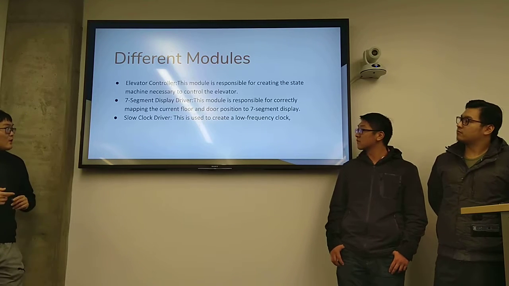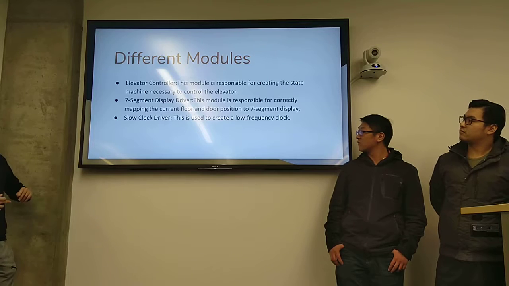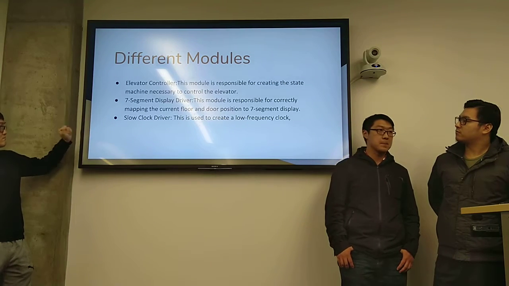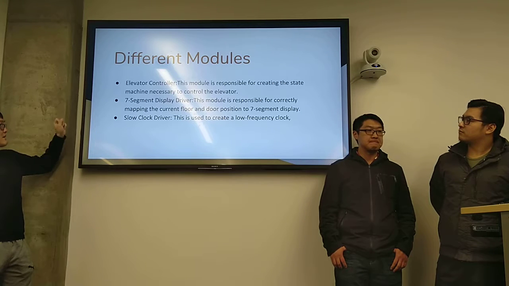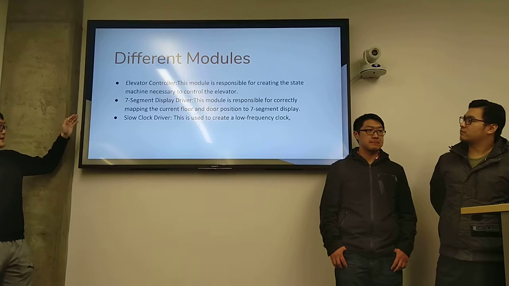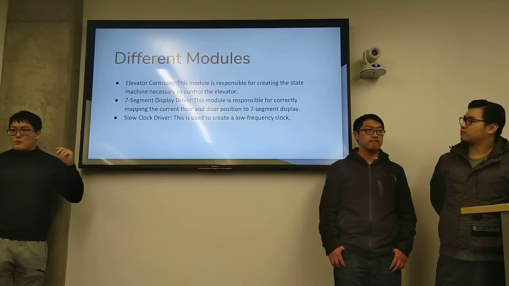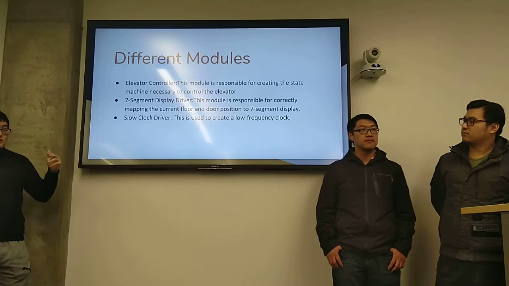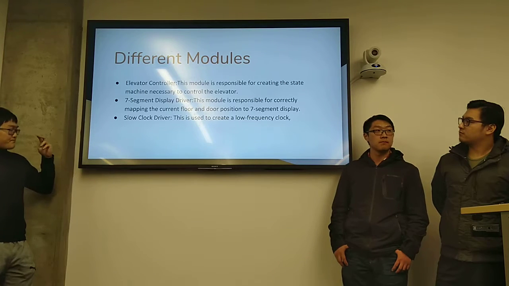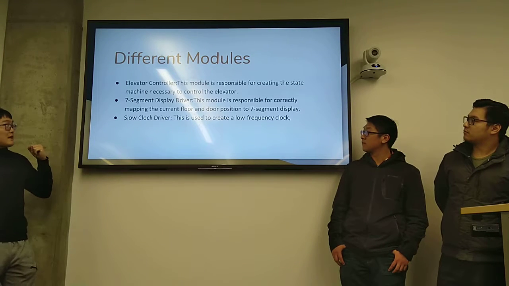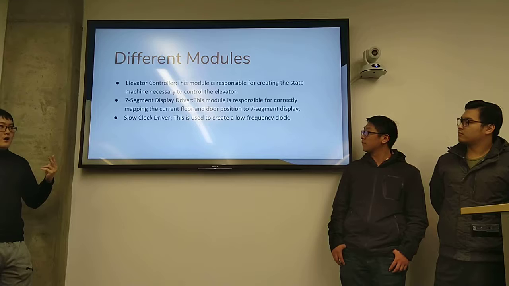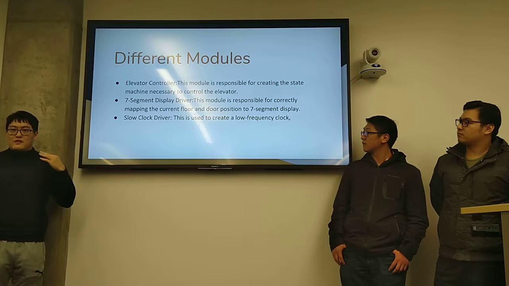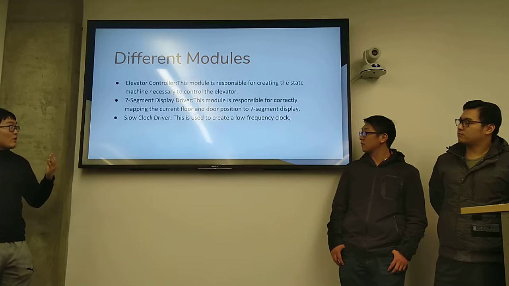However, a little bit more difficult is that we need to show numbers according to the status. For example, if the elevator goes to floor 2, we need the segment to show the number 2, and if the elevator goes to the 3rd floor, we need to show floor 3.